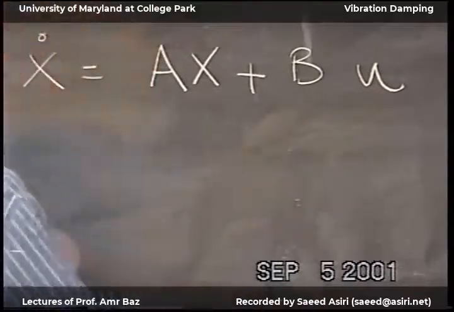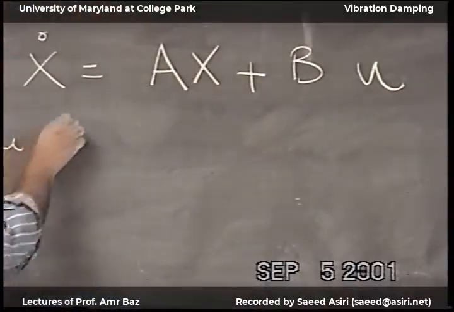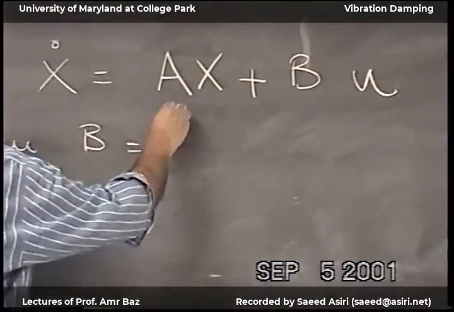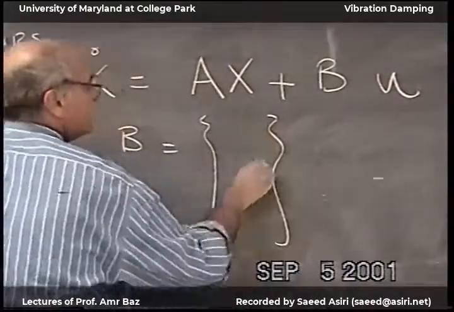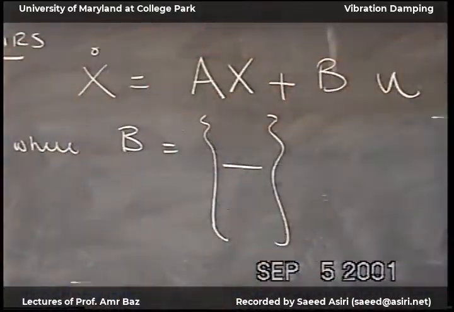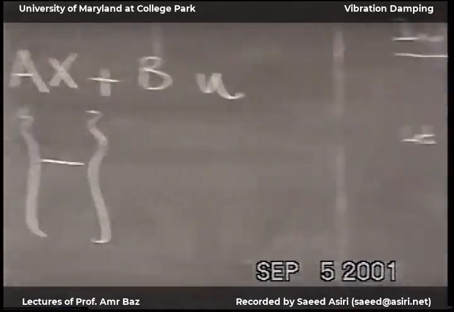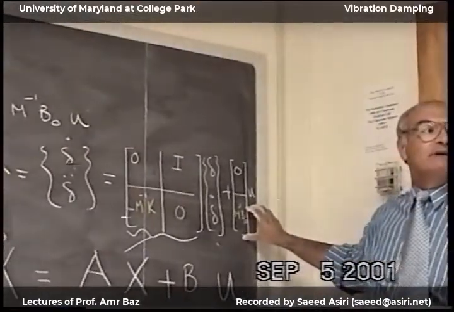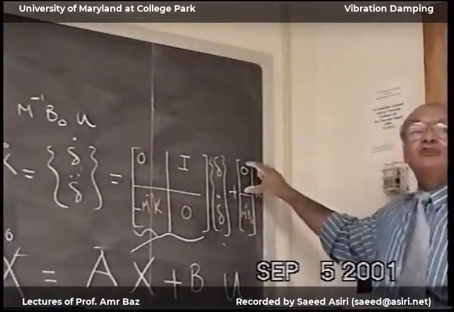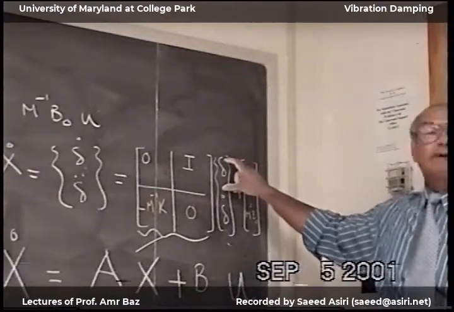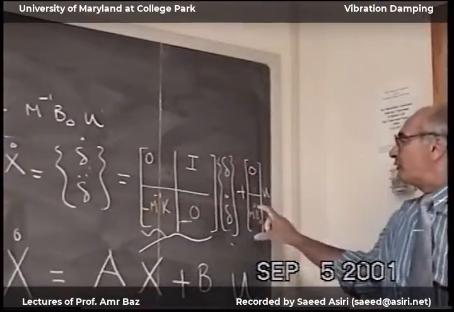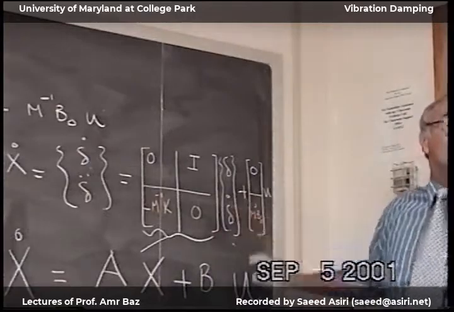The B is equal to a vector that has half of it 0 and the rest is M inverse B0. The top half corresponds to the delta. The bottom half corresponds to the delta dot.